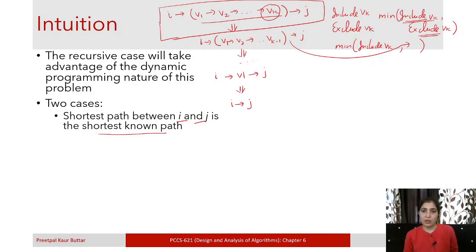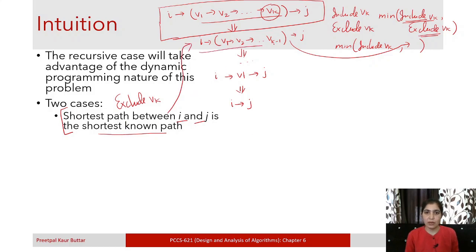Okay, so you will just copy the solution from the previous subproblem which was solved. The previous subproblem was when you took the vertices from V1 to Vk minus 1, right? Okay, so this is the case which I am talking about. It means you are excluding Vk. Okay, so the shortest path between I and J is the shortest known path.